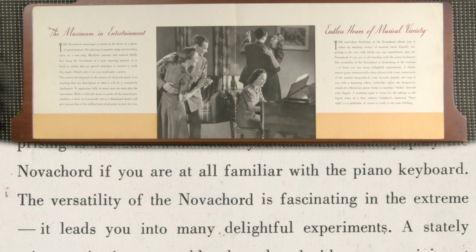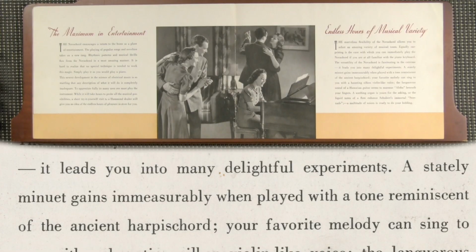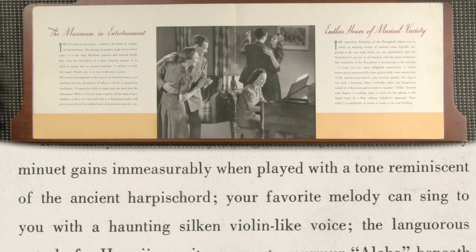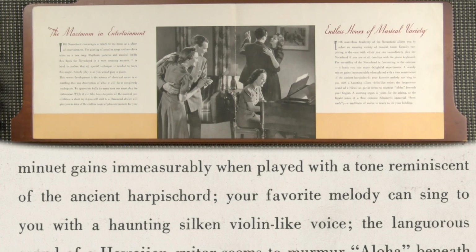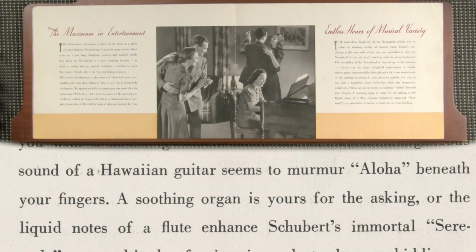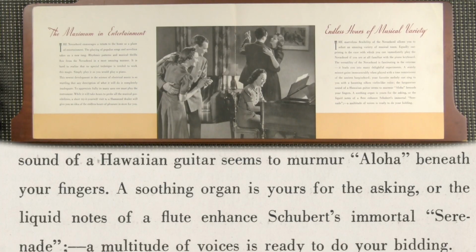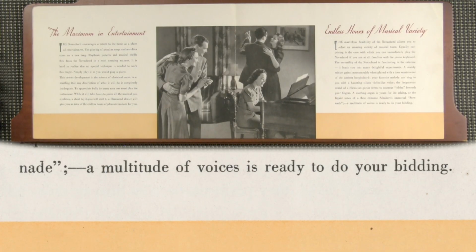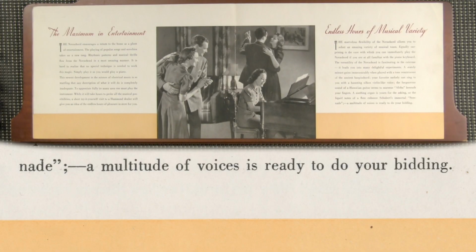It leads you into many delightful experiments. A stately minuet gains immeasurably when played with the tone reminiscent of the ancient harpsichord. Your favorite melody can sing to you with a haunting, silken, violin-like voice. The languorous sound of a Hawaiian guitar seems to murmur aloha beneath your fingers. A soothing organ is yours for the asking, where the liquid notes of a flute enhance Schubert's immortal serenade. A multitude of voices is ready to do your bidding.